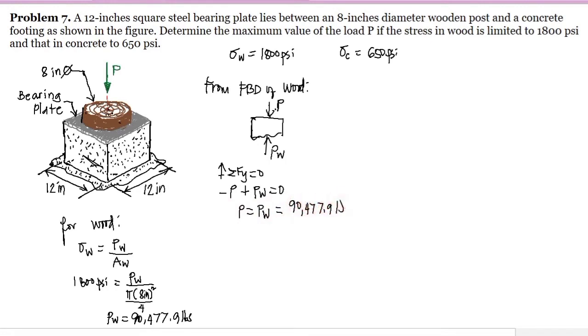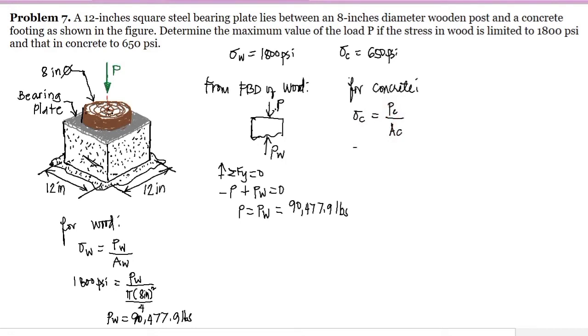90,477.9 pounds. And if we are going to compute for the force resisted by the concrete footing, so we have here for concrete, we have stress in concrete is equal to the force resisted by the concrete footing over the area of the concrete footing.